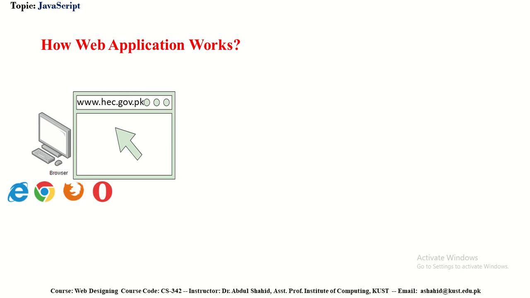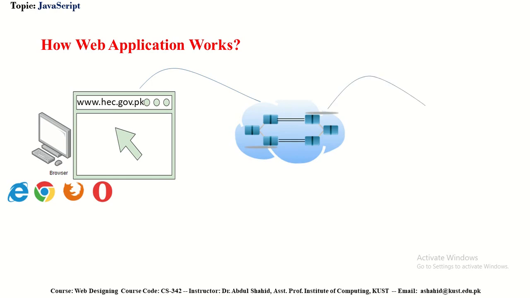For example, in this case, we want to access the Higher Education Commission site, www.hec.gov.pk. And when you click the enter button to load, your request is generated and sent over to the server. Once server is located and your response is ready, then it is sent back to your machine.